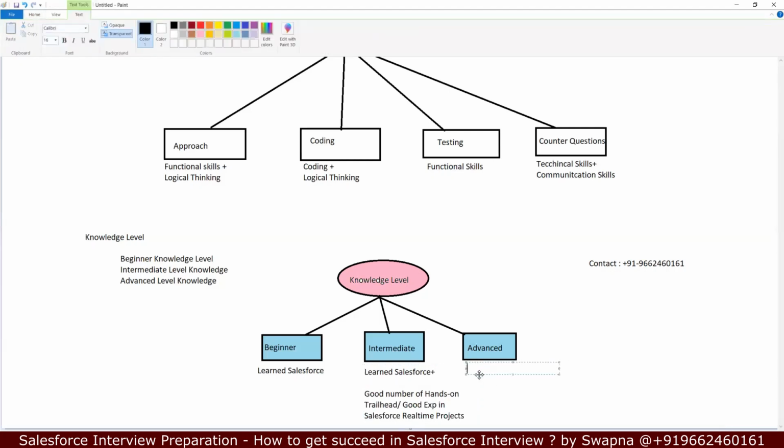Coming to the advanced, advanced is learn Salesforce plus done a good number of hands-on experience in Salesforce real-time projects.